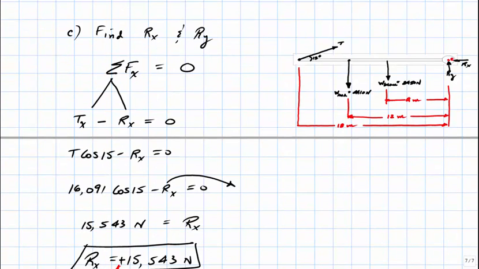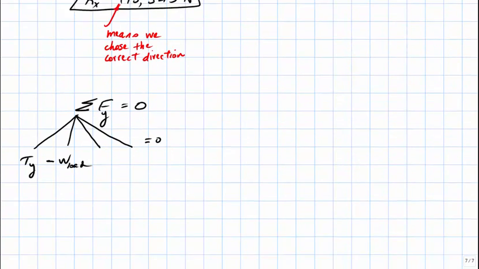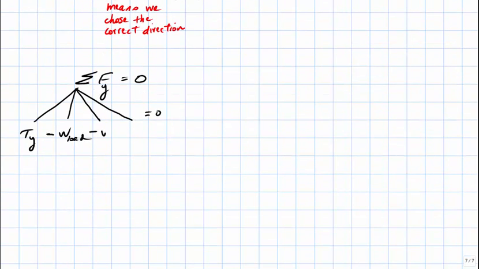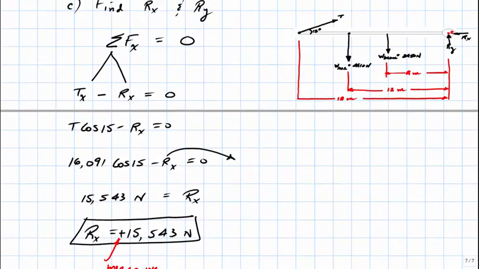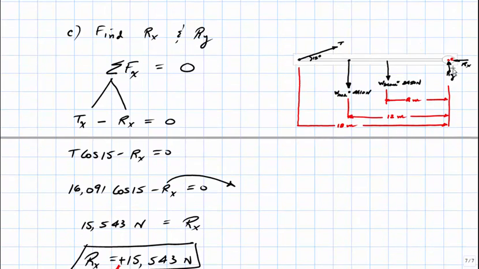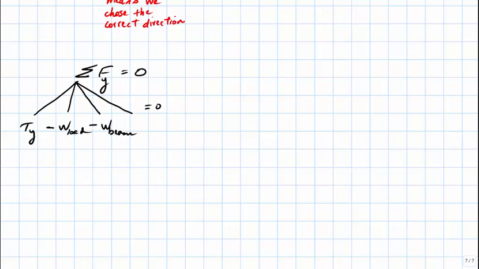We're going to treat the weight of the beam the same way. It's directed purely along y in the negative direction. And we assume that r sub y is pointing upward, which is of course a positive direction. And that summation must result in 0.